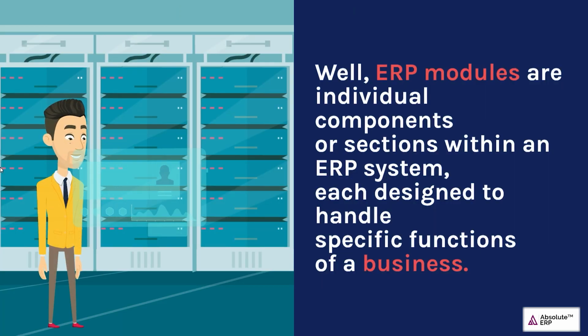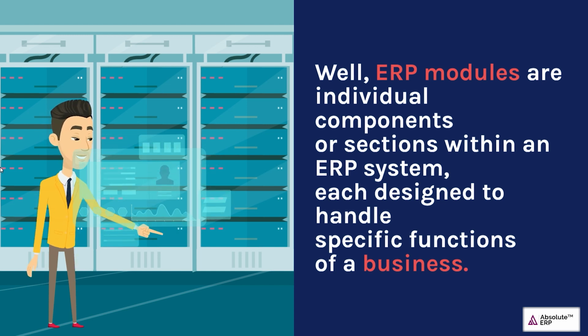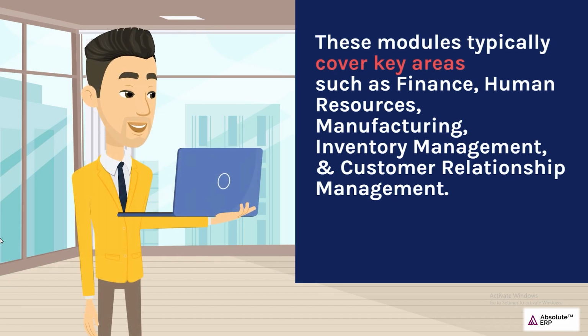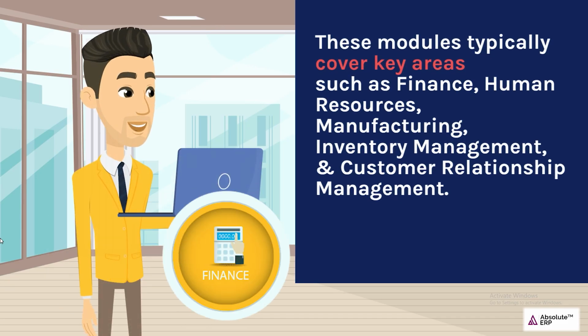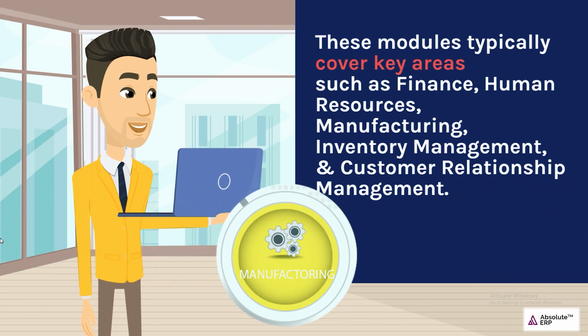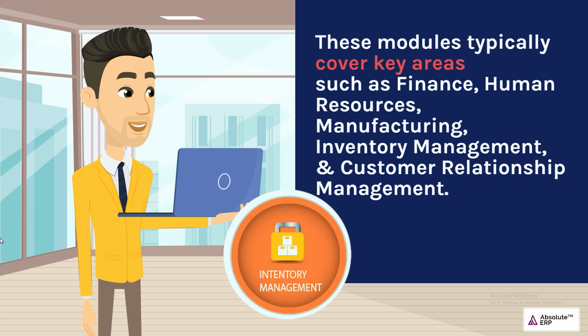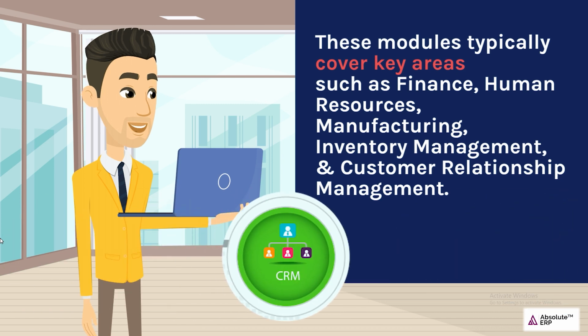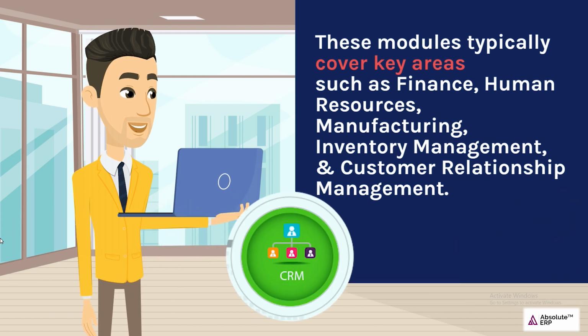Well, ERP modules are individual components or sections within an ERP system, each designed to handle specific functions of a business. These modules typically cover key areas such as finance, human resources, manufacturing, inventory management, and customer relationship management.